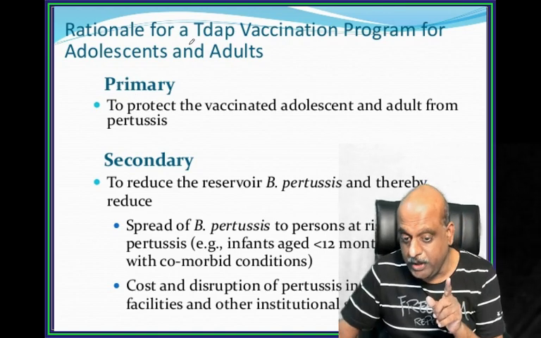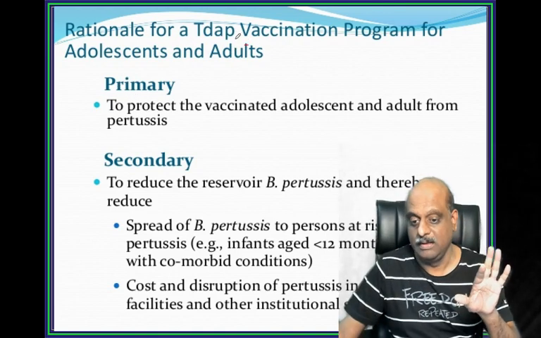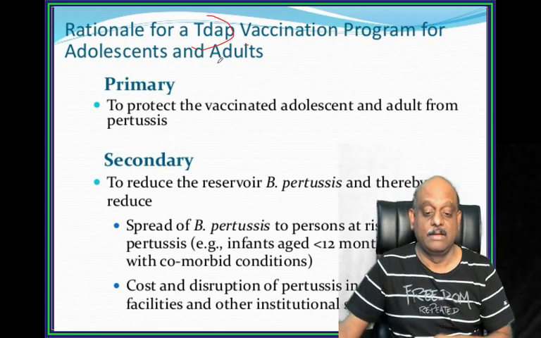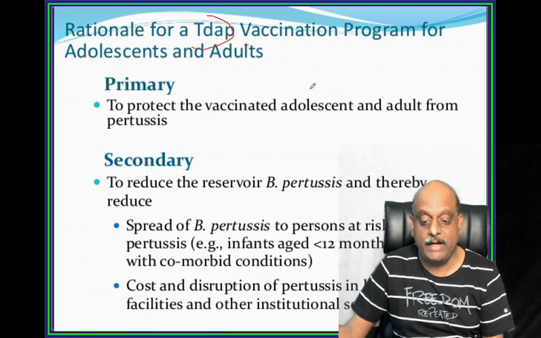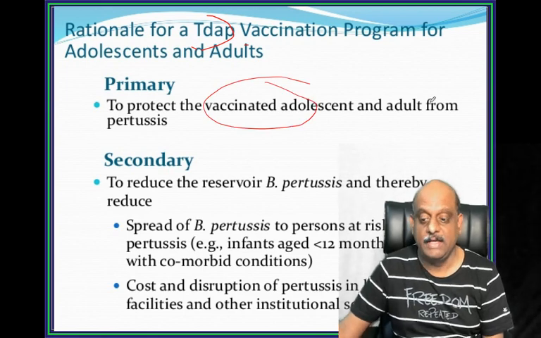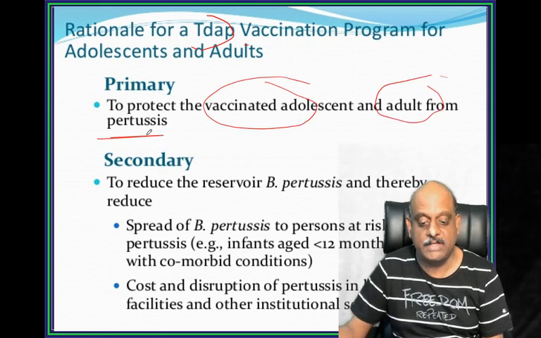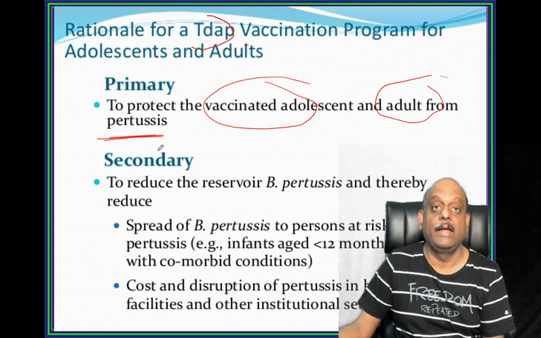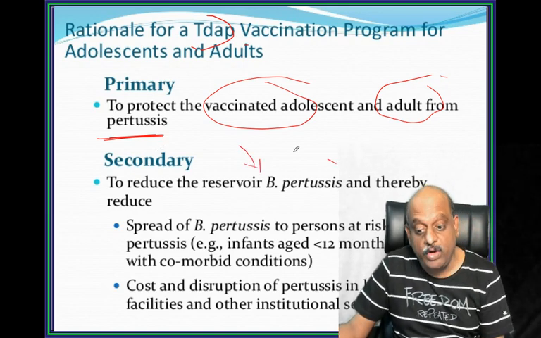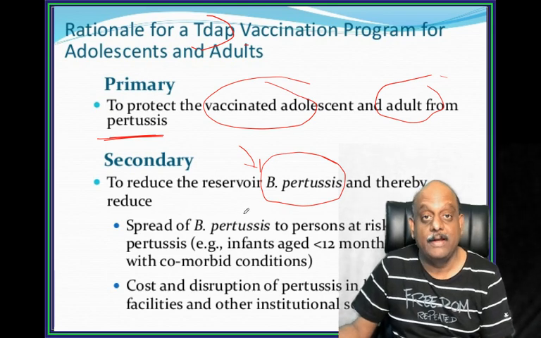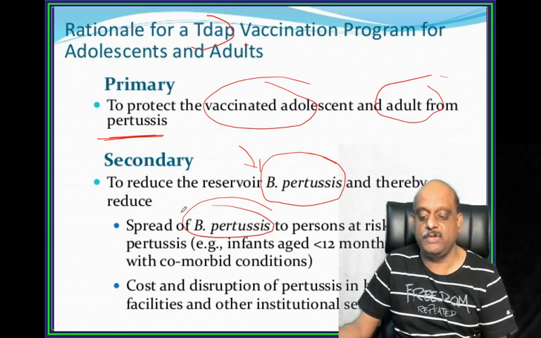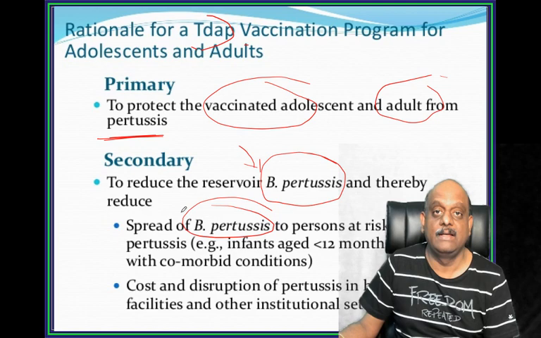So why do you want to give Tdap to the adolescents and adults? To protect the vaccinated adolescent and the adult from pertussis, and to reduce the reservoir of pertussis so that you can reduce the spread of pertussis to persons at risk.